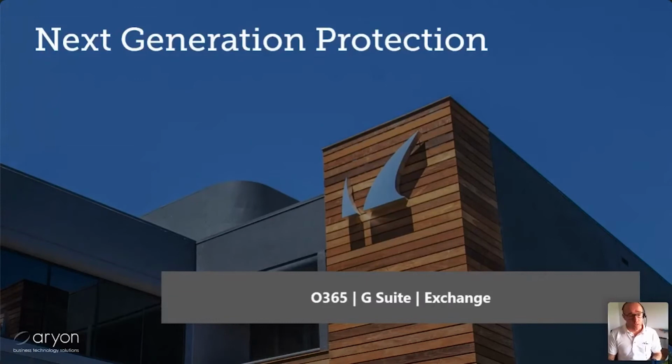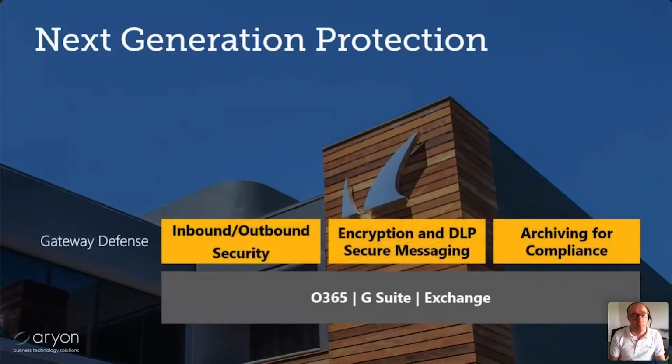So what does that look like? At what we call our first layer, or the gateway layer, you need to make sure you've got inbound and outbound security deployed on the perimeter. That's going to include your traditional signature defenses alongside more advanced techniques like sandboxing, which helps capture zero-day threats or brand new malicious attachments.